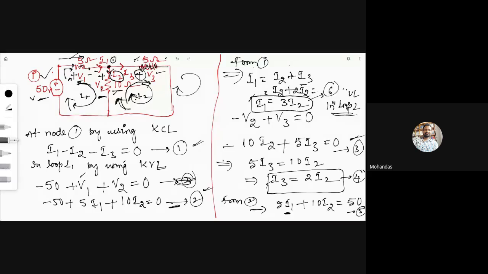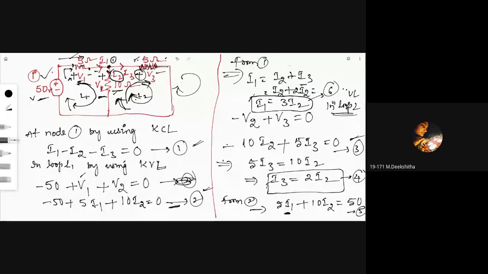What is the I2 value? Yes, sir. Calculate I2, make it fast.